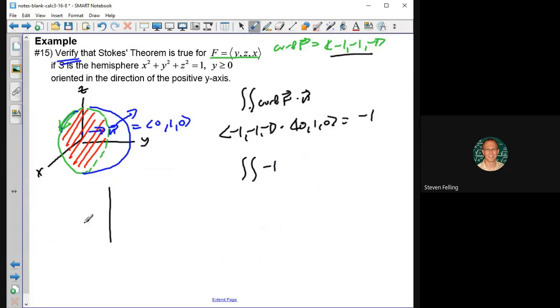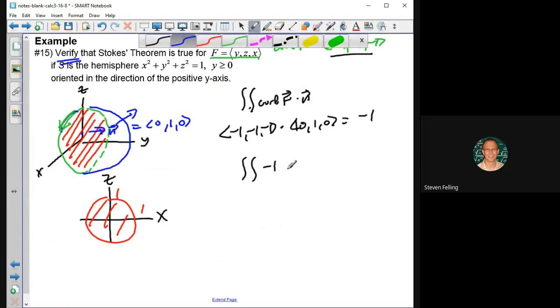And now that I know this is in the xy plane, I could just parameterize that as a radius 1 in polar, right? And just use r dr d theta from 0 to 1 and 0 to 2 pi.